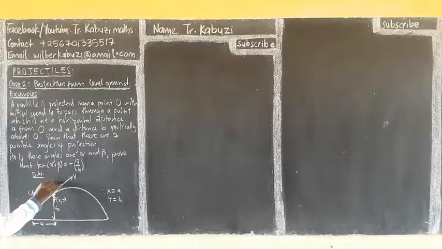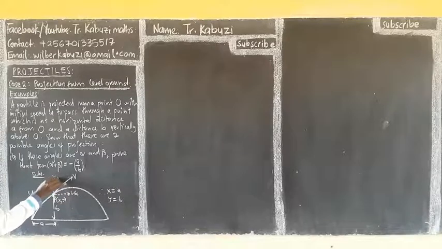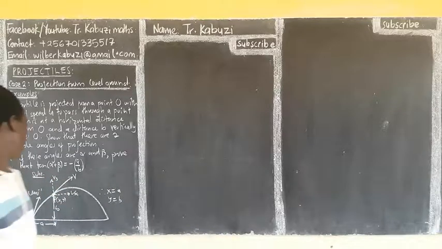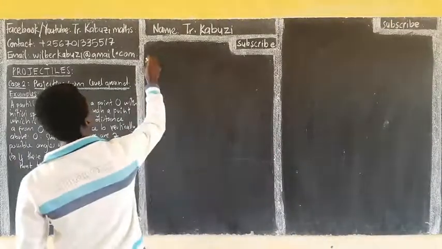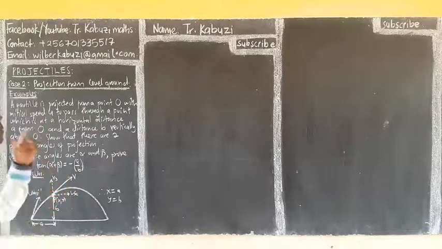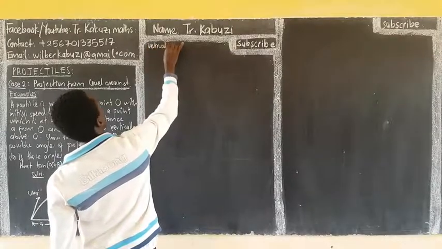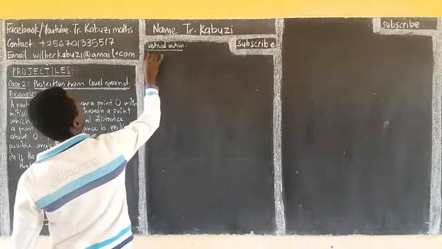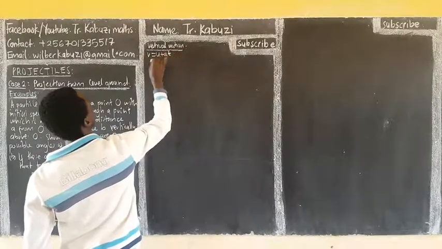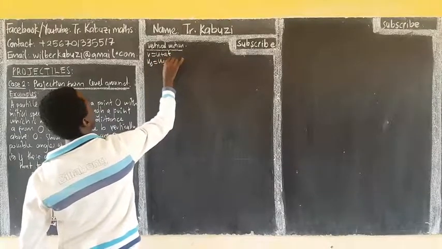Now, if we resolve that velocity there, this one is going to be Vx, and this one is going to be Vy. Now if I want to get the vertical motion, using my v equals u plus at, my Vy will be Uy minus gt.